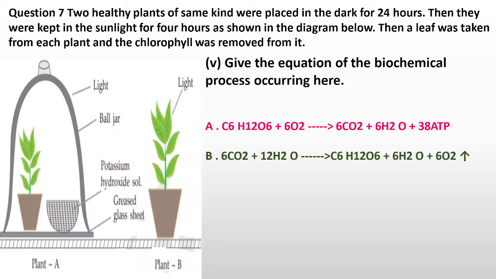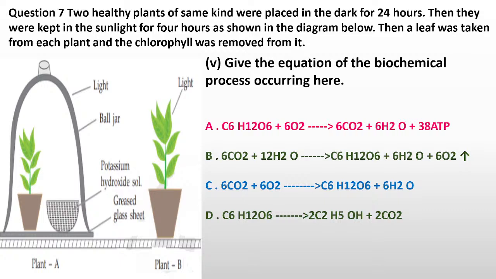B, 6CO2 plus 12H2O, giving you C6H12O6 plus 6H2O plus 6O2. C, 6CO2 plus 6O2, giving you C6H12O6 plus 6H2O. D, C6H12O6, giving you 2C2H5OH plus CO2. So give the equation of the biochemical process occurring here.